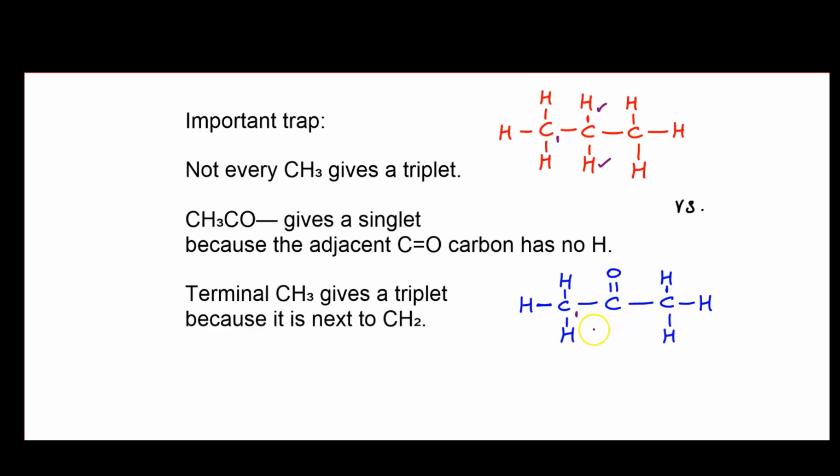Therefore, it will display a singlet because 0 plus 1 equals 1. Hence, not every CH3 gives a triplet. This gives a triplet. This gives a singlet. Therefore, it is important to always check the adjacent carbons.